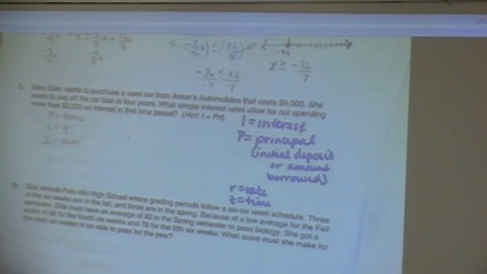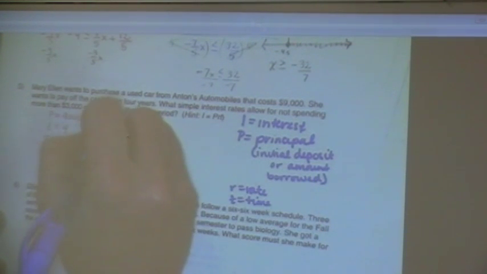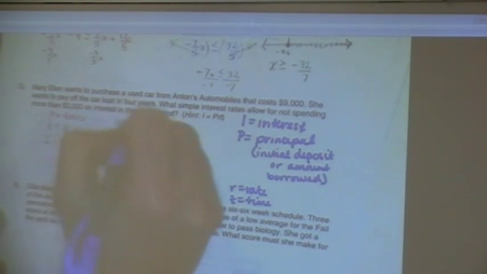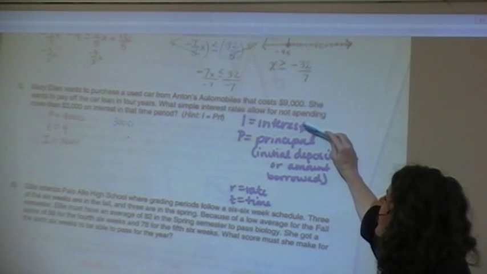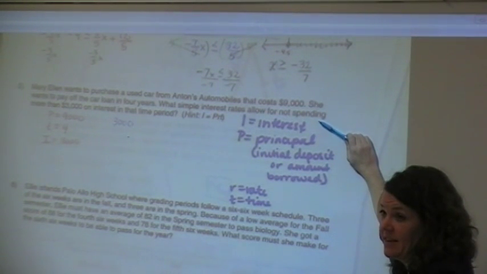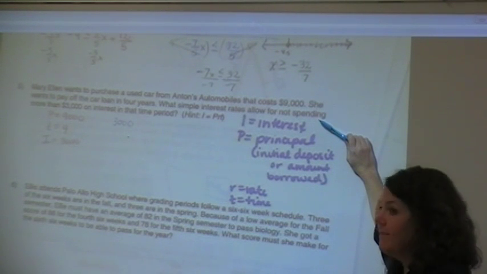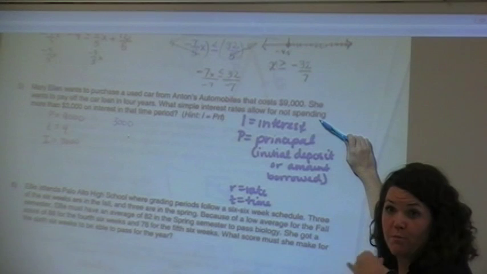All right, so now I'm plugging numbers into a formula. I equals PRT. So 3,000 is my interest. I am not using an equal sign because this page says these are supposed to be inequalities. And it says, allow for not spending more than 3,000. Well, it is, except I've written the problem backwards.